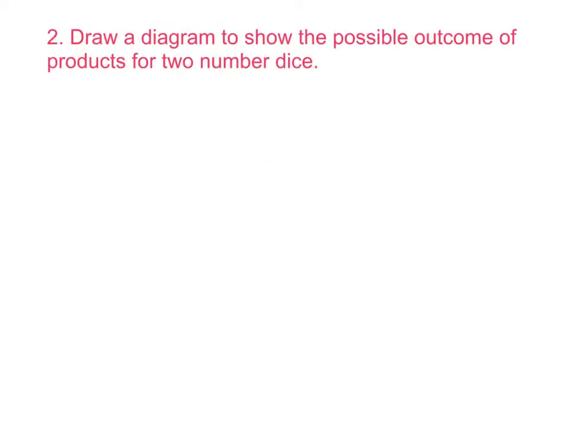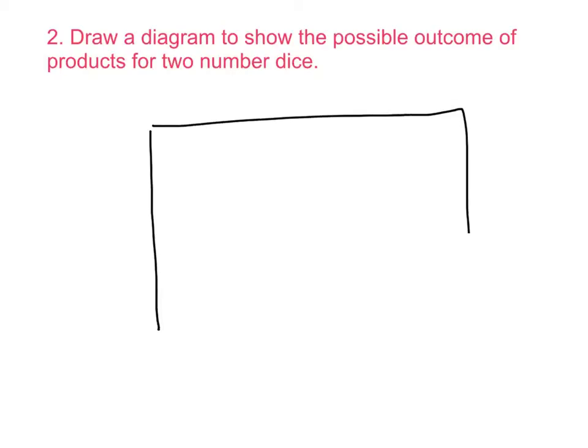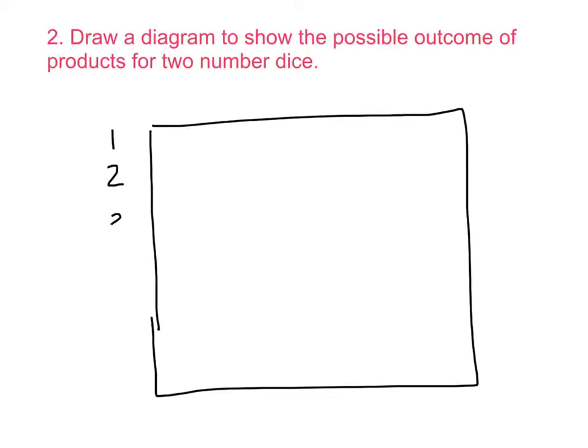So, I want us to draw a diagram for number 2 to show the possible outcomes for 2 numbered dice. So, we are going to use our table. And we have 1, 2, 3, 4, 5, 6.